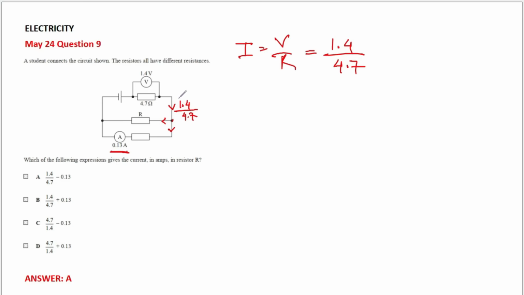Since this part gets split in 2 parts, if you subtract 0.13 from this value, you'll get the current through R. So I through R would be 1.4 divided by 4.7 minus 0.13. I found this very interesting. Answer should be A.